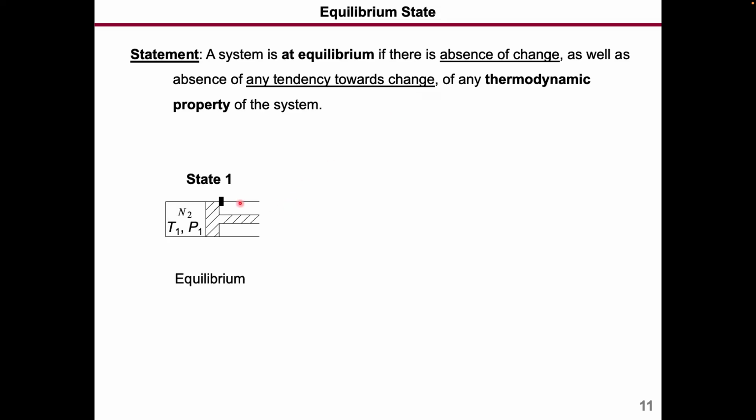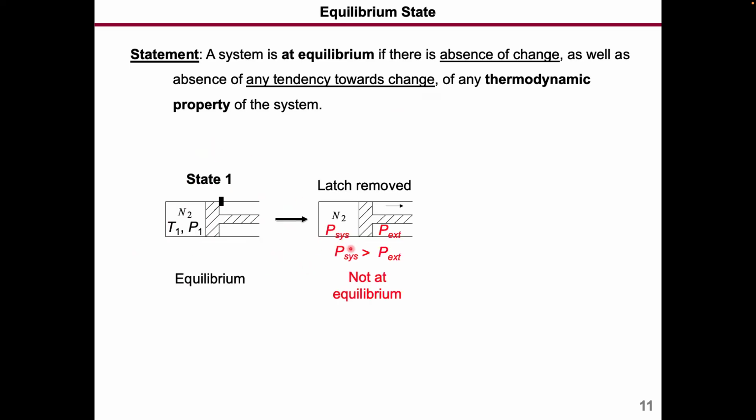Previously we said state 1, because we have the latch fixed and it's not moving. So this is state 1. And then we release the latch, and the system pressure is now greater than external pressure, so the piston starts to move. During this moving process, it's not at equilibrium.